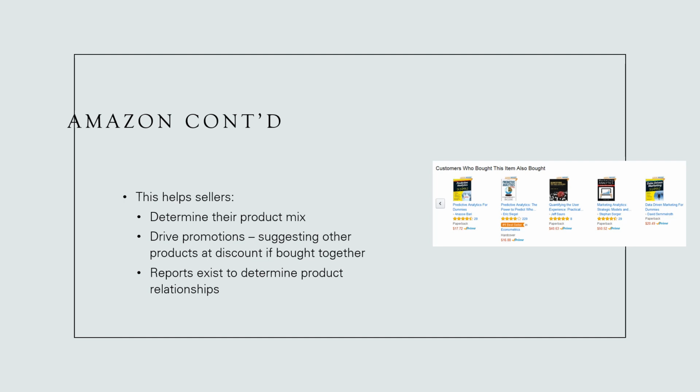If you're a seller on Amazon and you have one product, you may realize, looking at the data, that another product is purchased 30% of the time with it, but you don't have it in your inventory. Why not go ahead and add it, right? To drive more sales. So yeah, it's super useful.